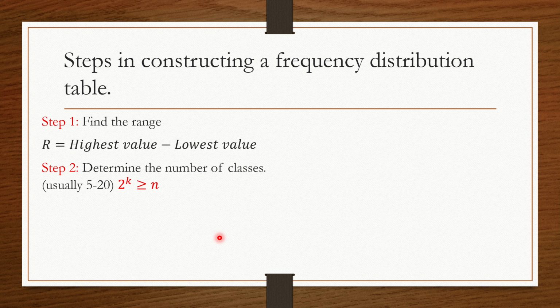But, if walang nakalagay kung what number of classes yung gagamitin sa pag-construct ng frequency distribution table, so ito po yung guide natin. 2 raised to k is greater than or equal to n. So ano ba itong n? This is our sample size or the total number of our raw scores. Ano man itong k? K is unknown number or na pwede maging value po natin ng number of classes.